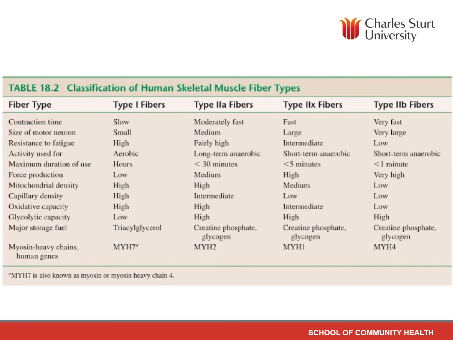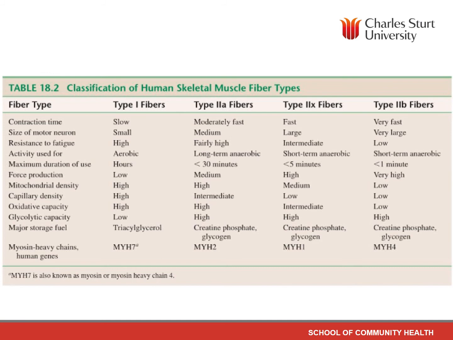And likewise, the capillary density is low because they won't need all that much oxygen, and oxidative capacity is low, whereas glycolytic capacity is high, and they'll have a whole lot of creatine phosphate and glycogen stores, so they'll be great for the first minute or so of exercise where we're using phosphocreatine and glycogen through glycolysis. Now, with our intermediate fibers, the 2A and 2X, they've got intermediate amounts of these substrates because they're somewhat in between.